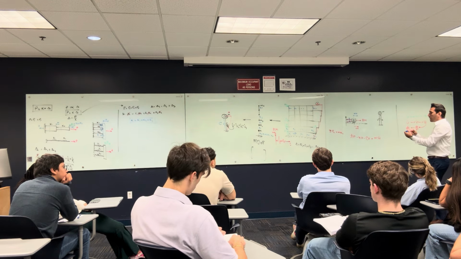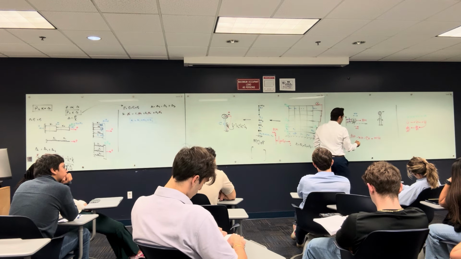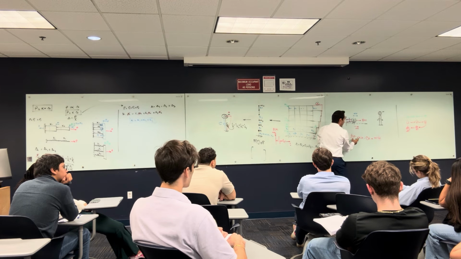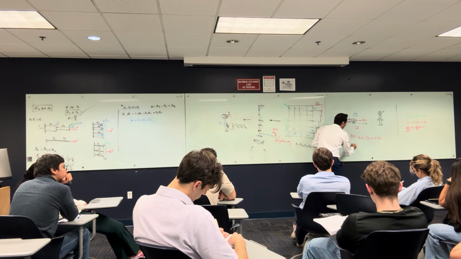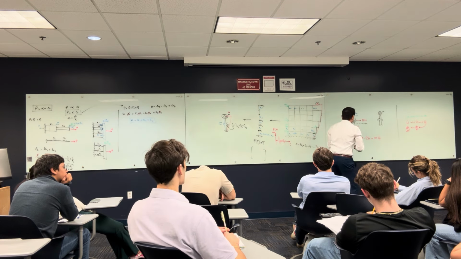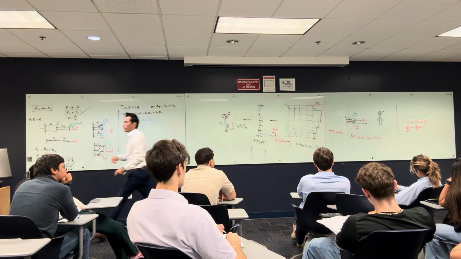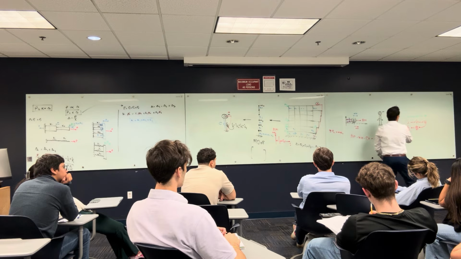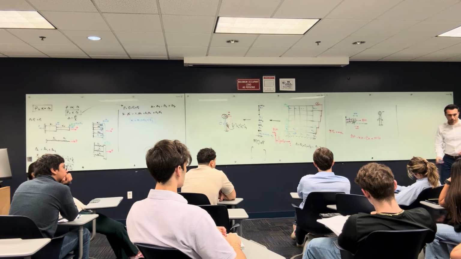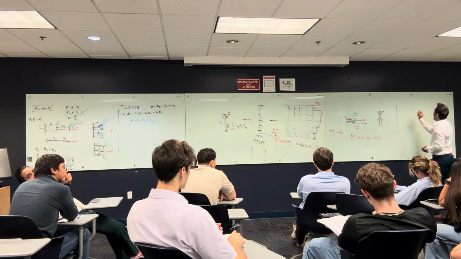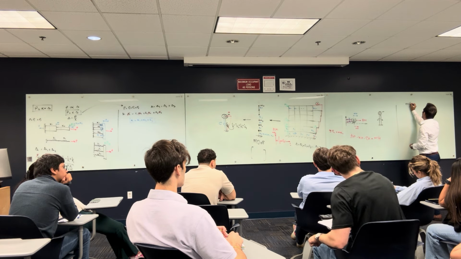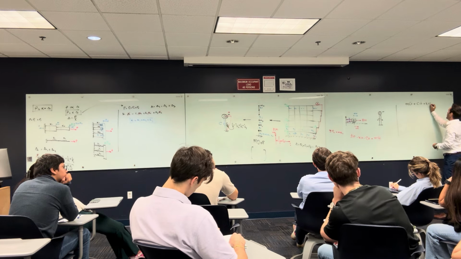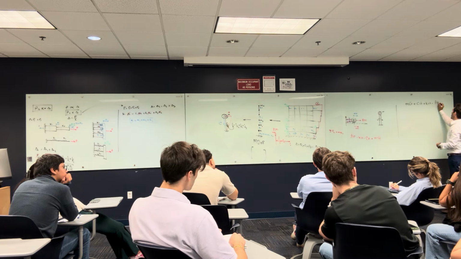I'm going to rearrange this equation and it's going to give us a very cool equation. I'm going to move these two to the other side and leave Ft alone. So I'm going to have m u double dot plus c u dot plus k u equal to the force Ft.